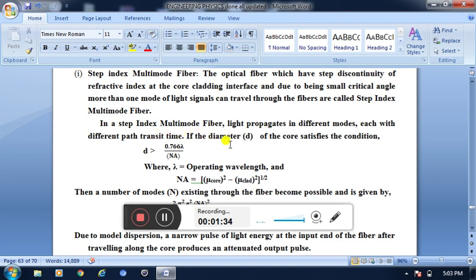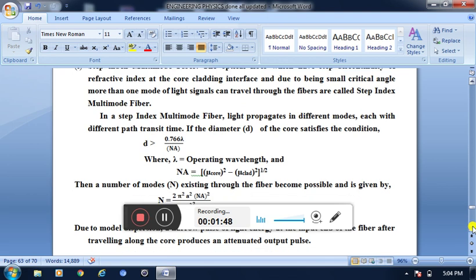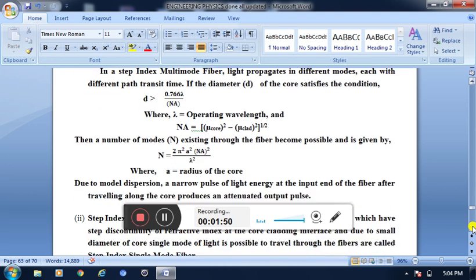If D is the diameter of the core, then it must satisfy D greater than 0.66 lambda upon NA. Here lambda is the operating wavelength, NA is the numerical aperture. The value of numerical aperture is the square root of mu core squared minus mu cladding squared.